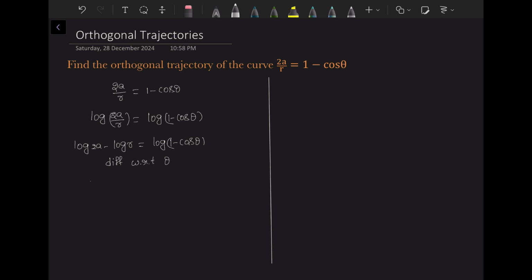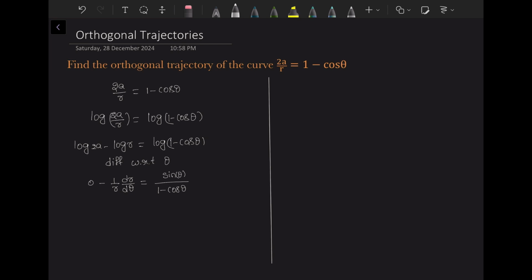So the first term will become 0 - (1/r) dr/dθ, which is equal to 1/(1 - cos θ) times the derivative of 1 - cos θ, which is -sin θ, but minus of minus will get plus sin θ.